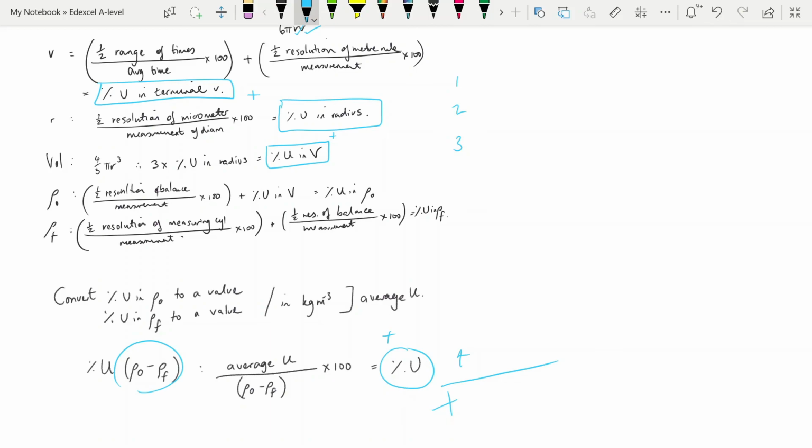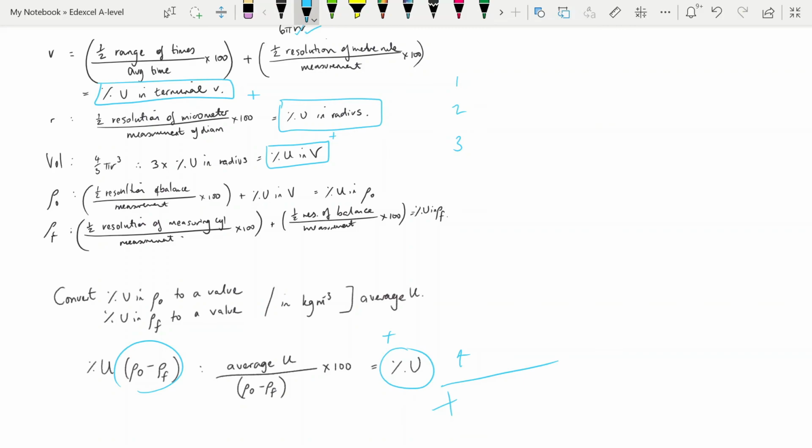Now that is if you're being very picky. That is if you're told that you've got to use the uncertainty in all of your measured data to find the uncertainty. Personally, I think this would be too many marks. It would have to be more than 6 marks for the amount of work that is going into doing that.